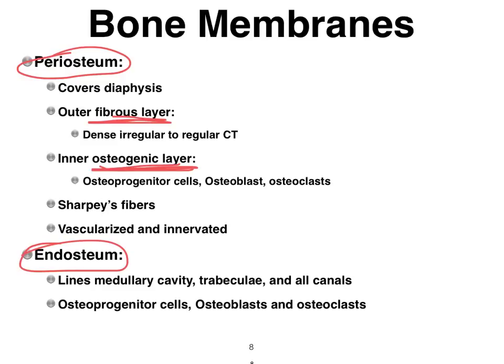But the bone cell types that we find in there, we're going to keep coming back to these over and over and over again, are the osteoprogenitor cells, osteoblasts, and osteoclasts. Your osteoblasts are your bone builders. Your osteoclasts, on the other hand, break down bone tissue.